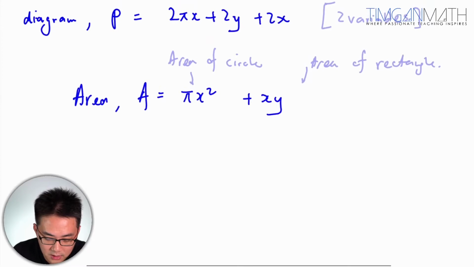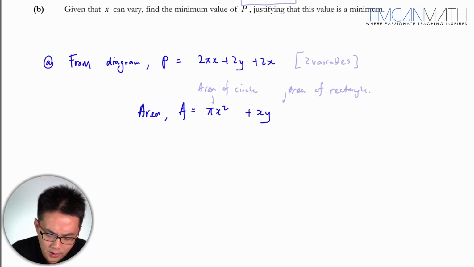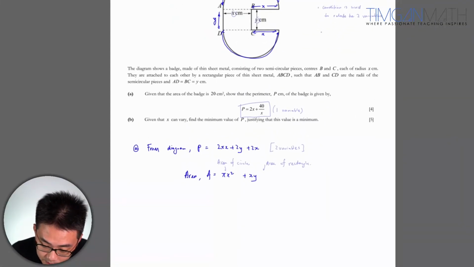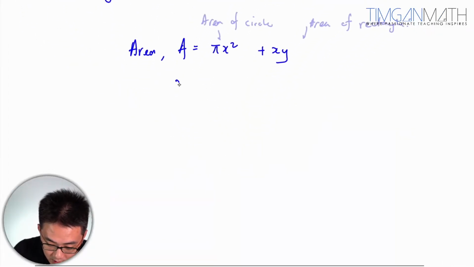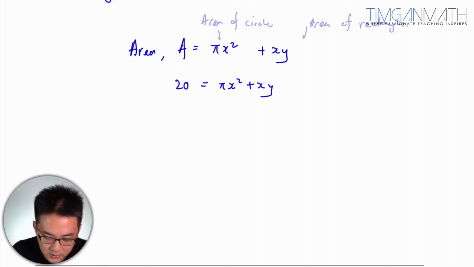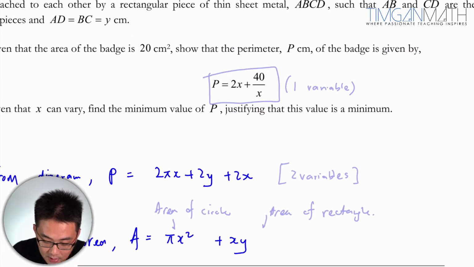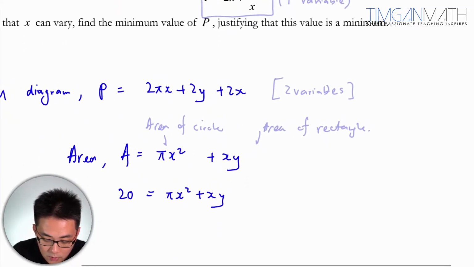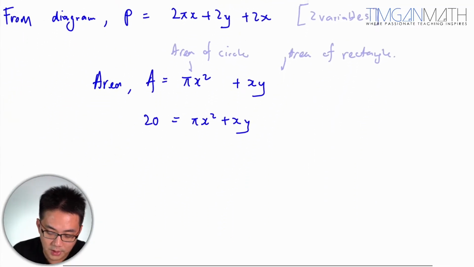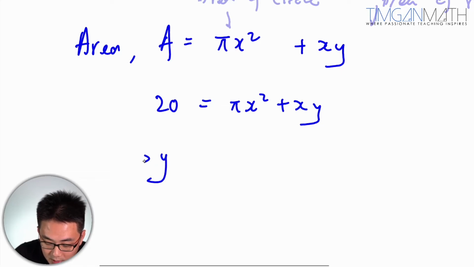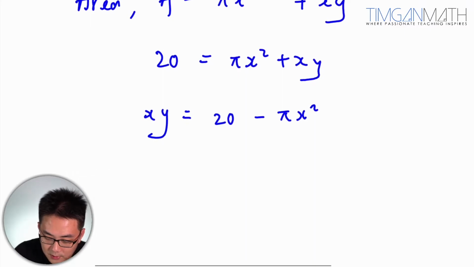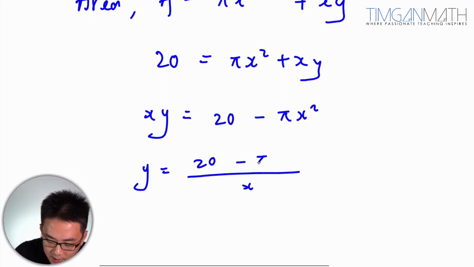Once this is formed, we put the 20 in, because that is our fixed condition: 20 = πx² + xy. Because we want to express this in terms of x, we make y the subject. So y = (20 − πx²)/x, which is y = 20/x − πx. This is important.